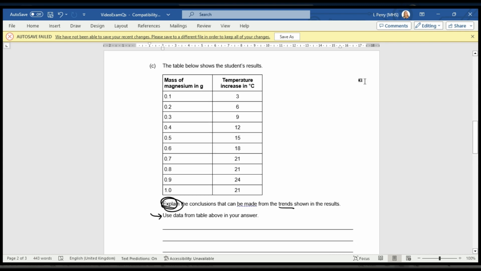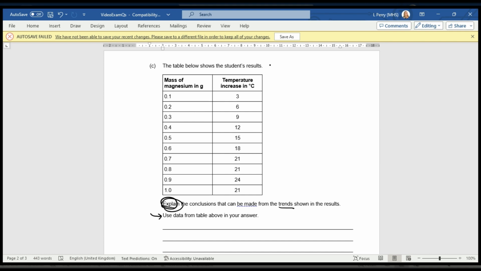Now, I'm going to write further up here just so you can still see the table of results, but you would obviously write your answer on the lines provided. Now, if I'm going to explain the trends, I need to say what the trends are. And there's 2 things I can see in this table of results. Well, the mass of magnesium just goes up in 0.1s all the way down. As it does, the temperature increases, but then it stops increasing. So there's 2 parts of this table already.